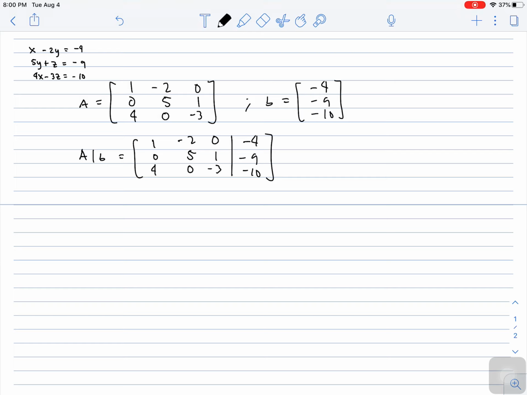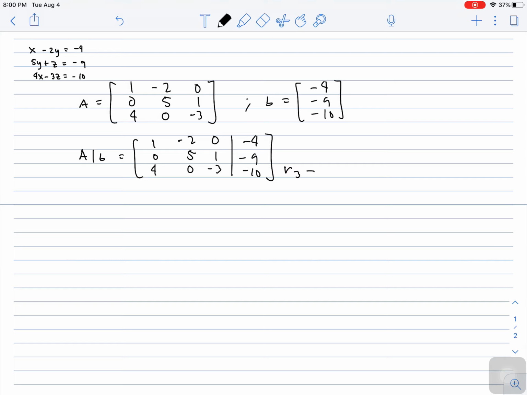Okay, so these are the pivots. All of them should become 1 and the rest of the elements should become 0. So start with the first column. Since this is already 0, we're going to make changes in the third row.